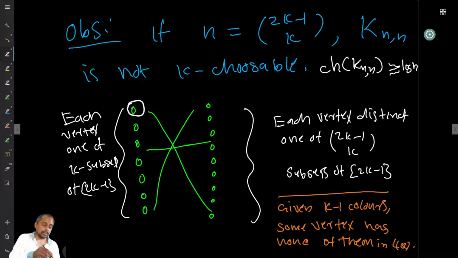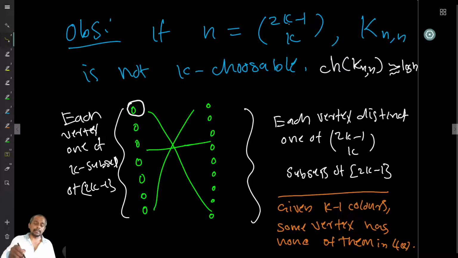I choose this vertex, give it one of the k-element subsets of 2k minus 1. Then for the second vertex, again I give another k-subset of 2k minus 1. I do this for each of the n vertices here.